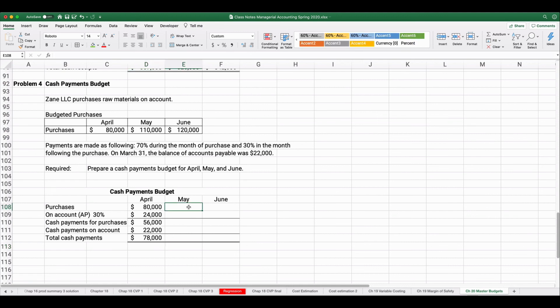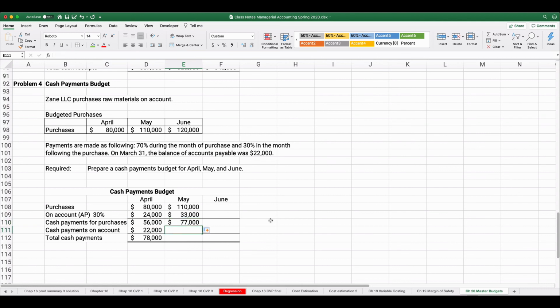So for the month of May, we're going to purchase $110,000. The amount that's on account is going to be 30%, so that's $33,000. That means we're going to have cash payments for purchases of $77,000. 110 minus 33 is $77,000.